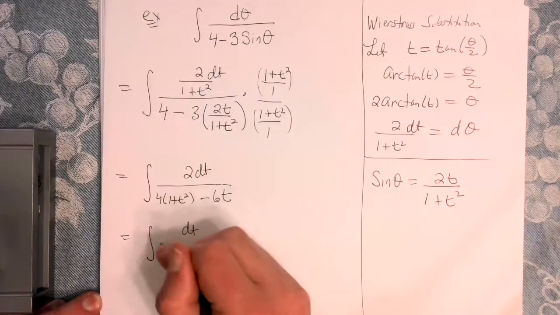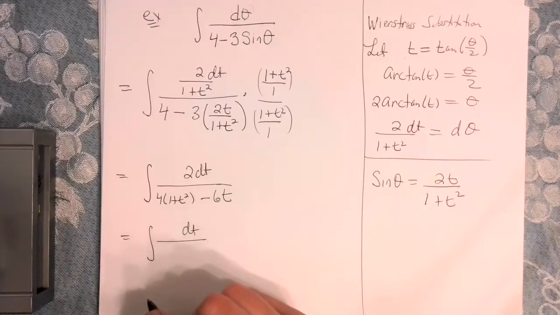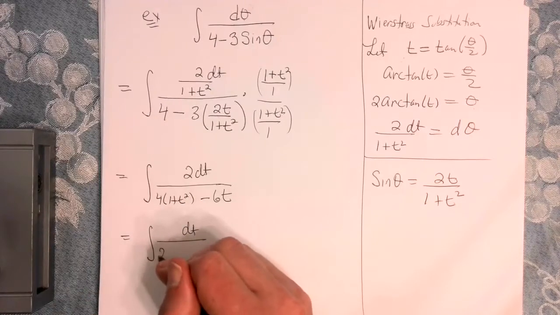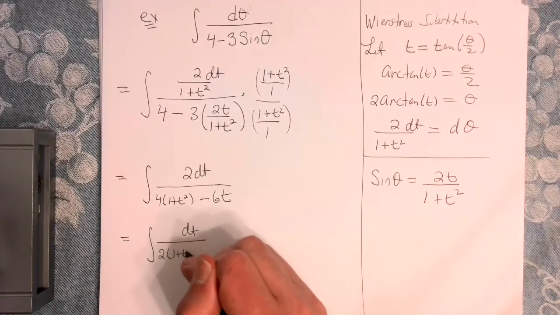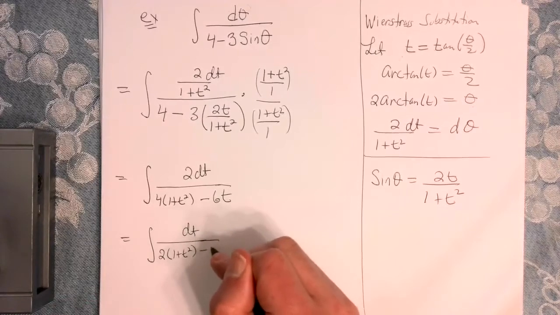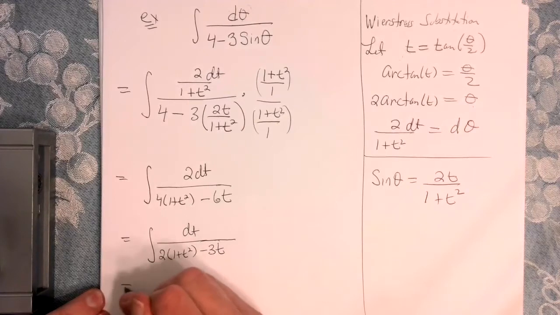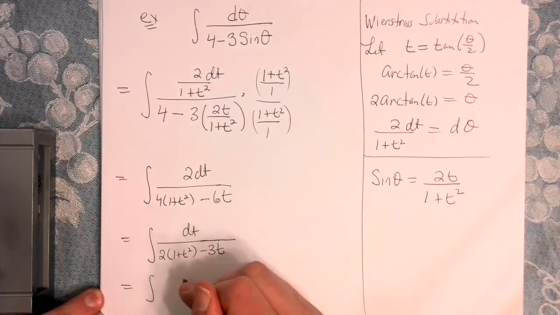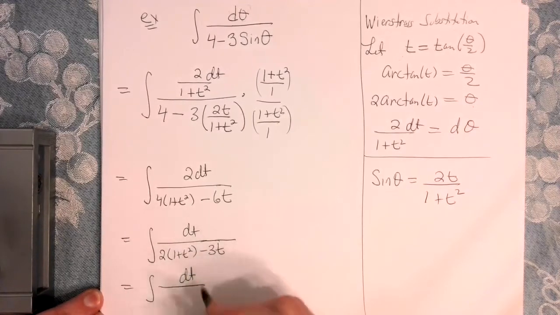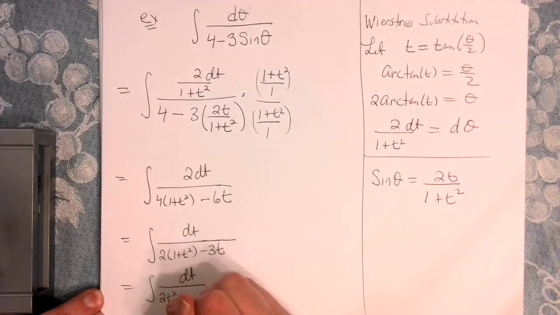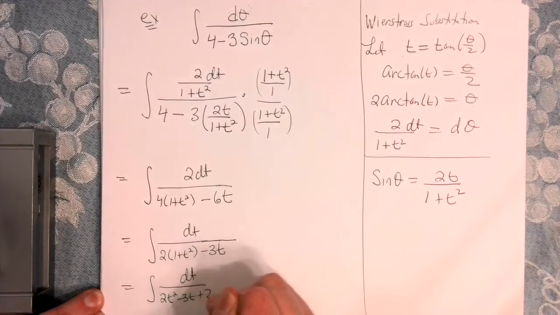So I've got dt, I've got 2 times 1 plus t squared minus 3t. Okay, let's go ahead and distribute that 2. So that's going to be 2t squared minus 3t plus 2.